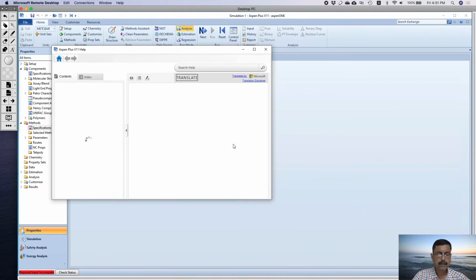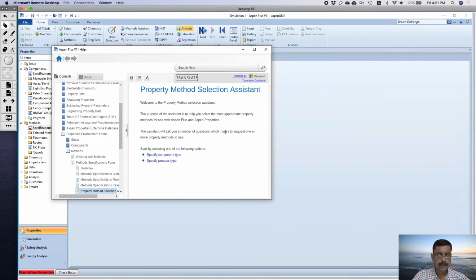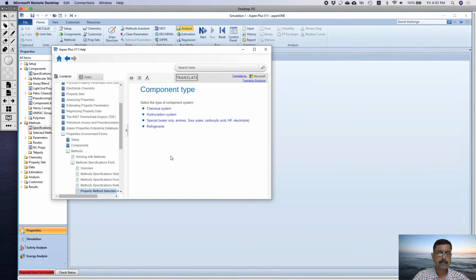So this is the method assistant, property method selection assistant. You have to specify component type. It's a hydrocarbon system. Does the mixture contain petroleum assay or pseudo component? Yes, it has. Is the system in vacuum condition?